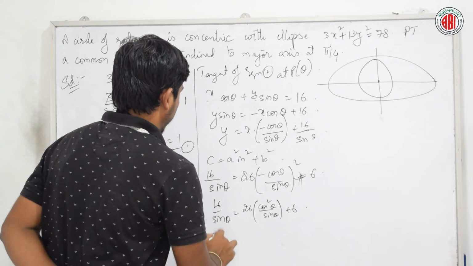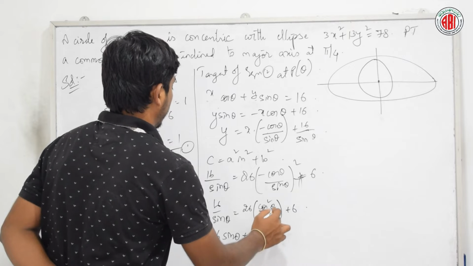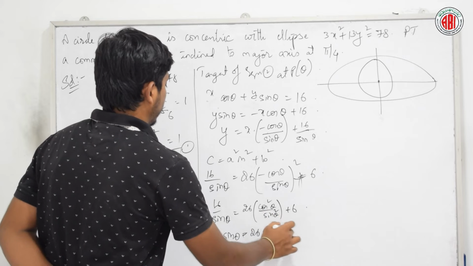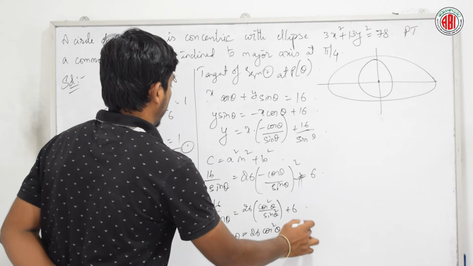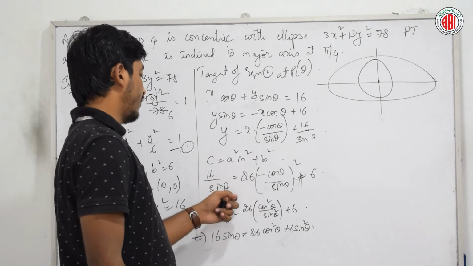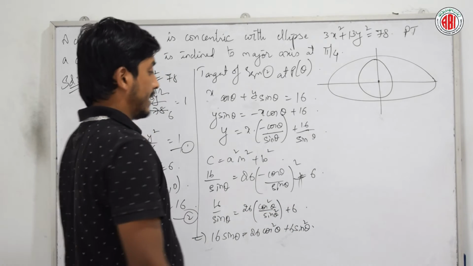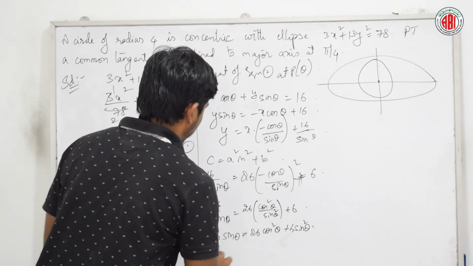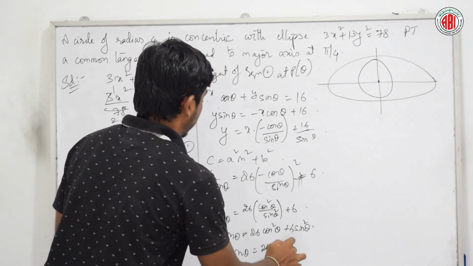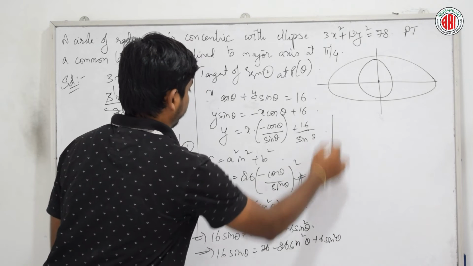So can I write it as 16 sin theta plus 26 cos square theta, here it is square, plus 6 sin square theta. Okay, I have taken LCM. The sin square will go this side, sin will get cancelled. One more is 6 sin square theta. Next step, can I write this cos square as 1 minus sin square? Yes, right. 26 minus 26 sin square theta plus 6 sin square theta.